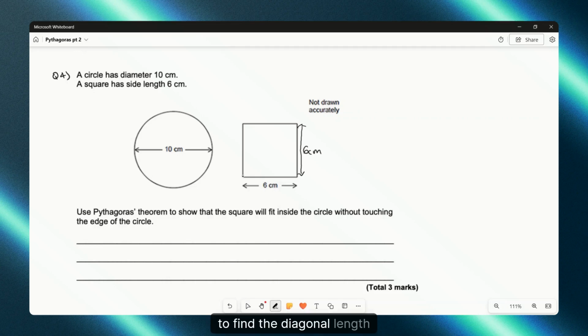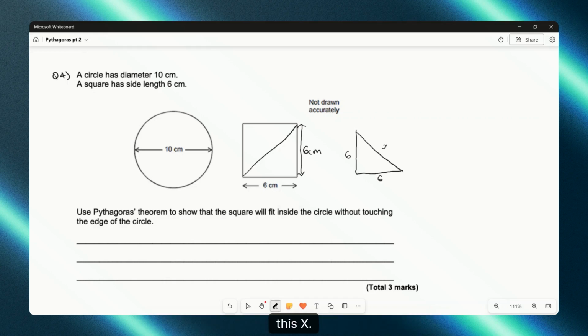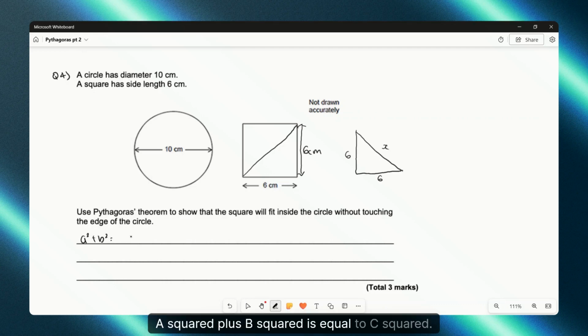Now to find the diagonal length of the square, we draw a line splitting it in half, and we can see we have a right angled triangle. Therefore, Pythagoras is going to come into play straight away. So drawing that out separately, as so, we have 6 centimeters, 6 centimeters, and we're going to call this x. Write out Pythagoras' theorem, as usual. a squared plus b squared is equal to c squared.